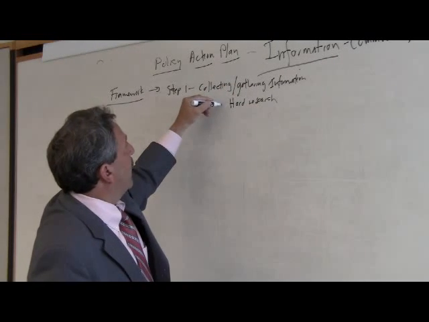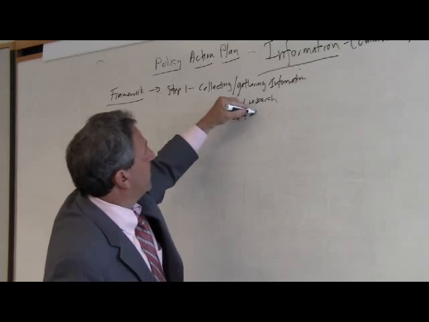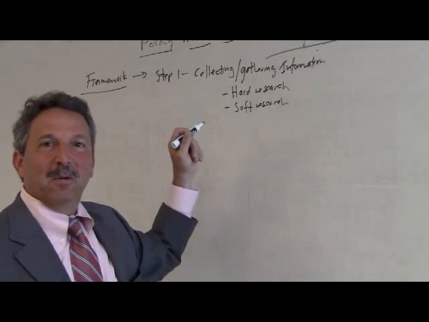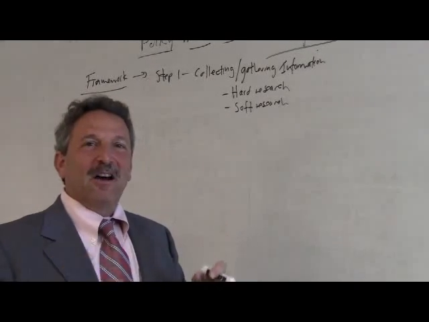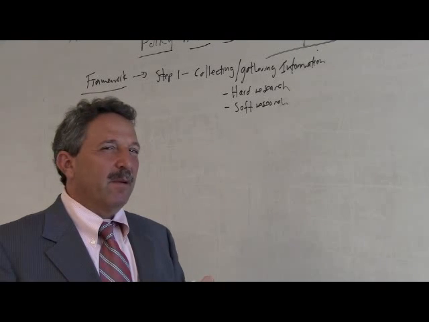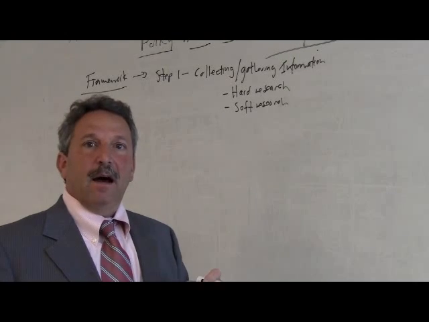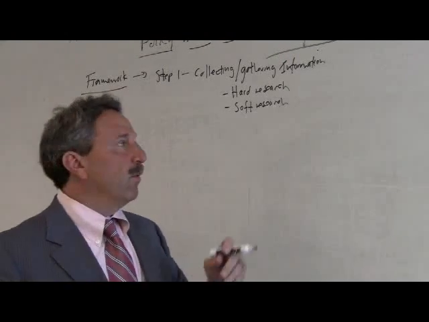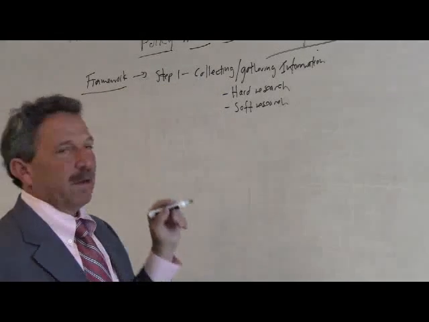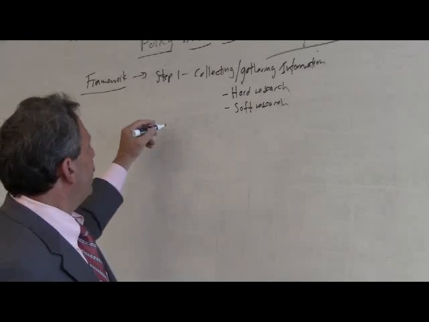And then we also have what I call soft research, which relates back to the policy process. The soft research being which policymakers would be interested in this topic, which stakeholders are going to have this as a priority, how do we get their support. So the hard research and the soft research are really the elements of collecting and gathering the information.